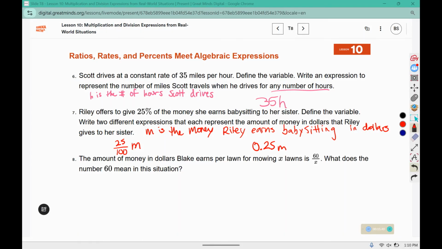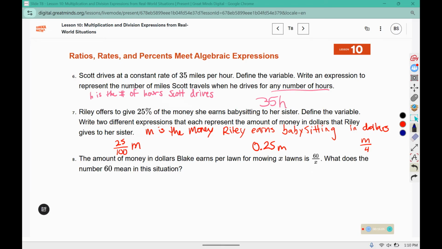It only asks for 2, but you could also think of 25% as a quarter, so you could also think of taking her money and splitting it into 4 equal parts. Because 25 over 100 can be reduced to 1/4, so it's a fourth of m, or m divided by 4.